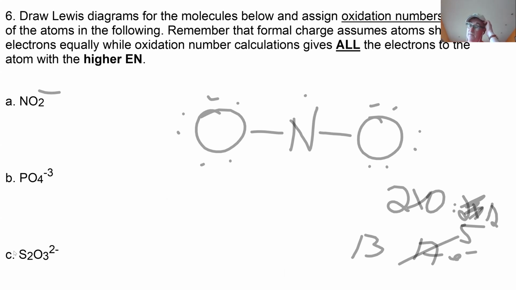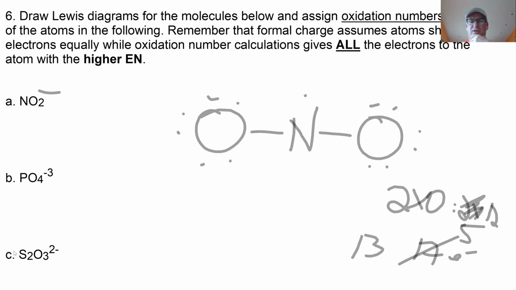So now we figure out who has an octet and who needs to have an octet. So who has an octet? The oxygens. Oxygens already do, because we gave them an octet. They have 6 electrons in their lone pairs, and they have another pair in the bond, so they have a total of 8, so they're good.